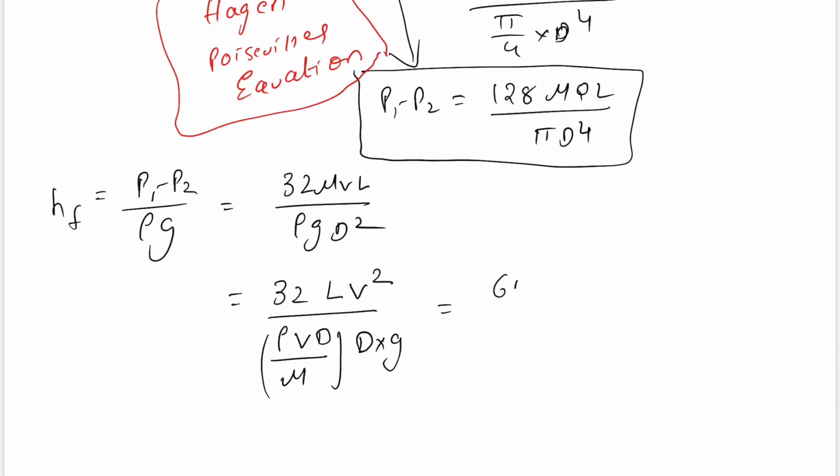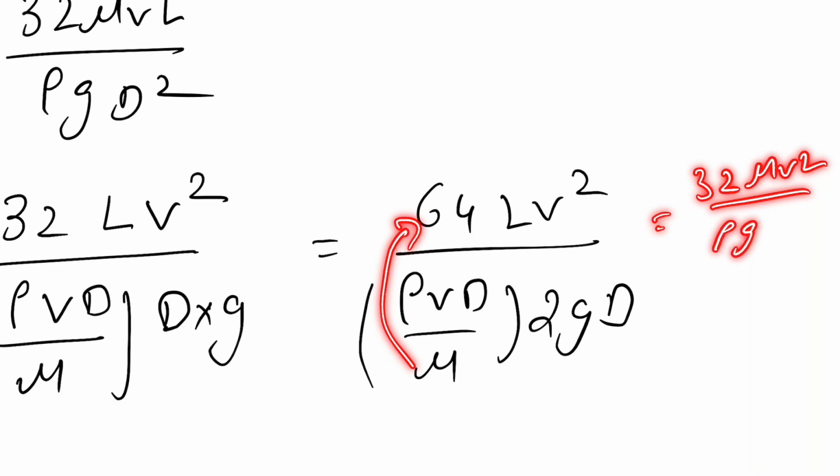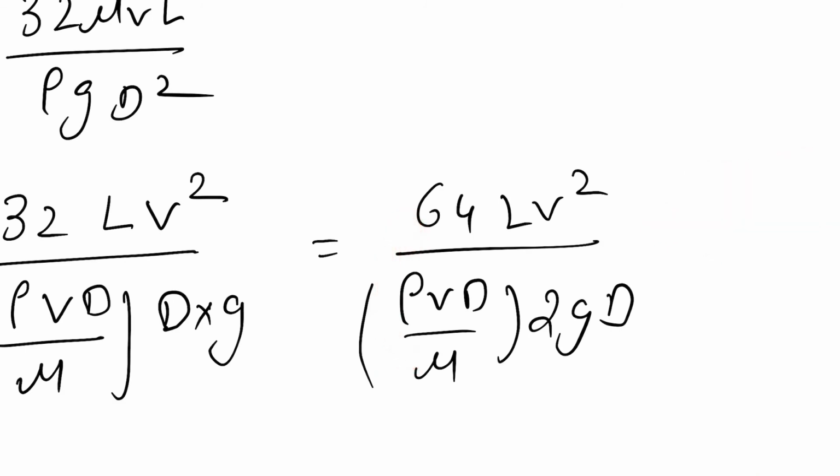This can be written as 64 L V square by rho V d by mu into 2 g d. Once you solve this equation, the 2 here goes into 32, V V goes, then mu will come on top. The final equation will come as 32 mu VL by rho g d square only.